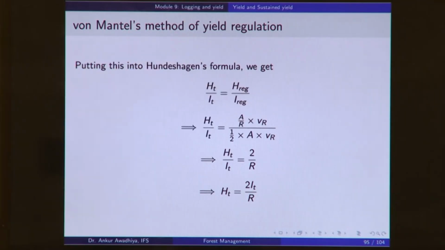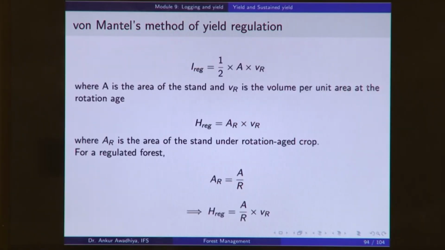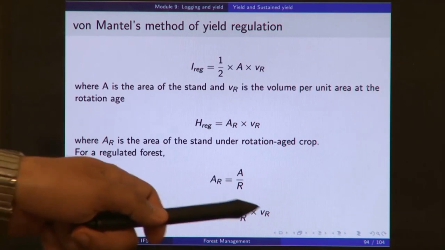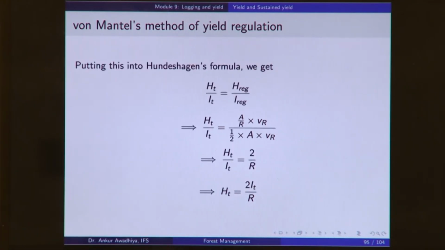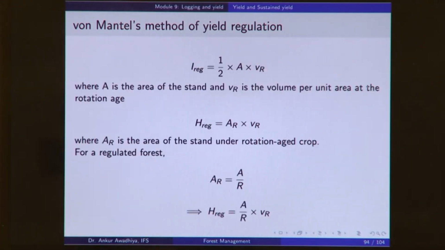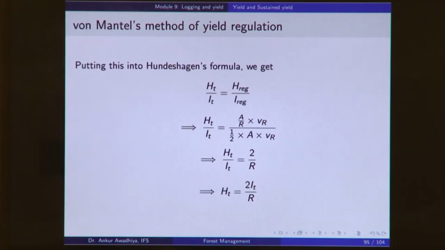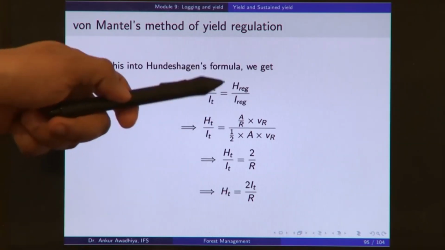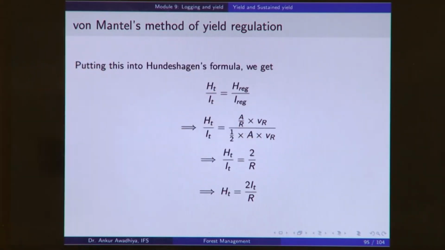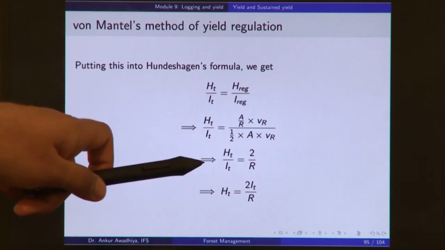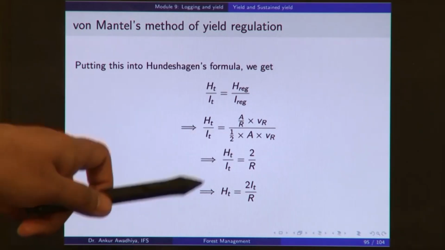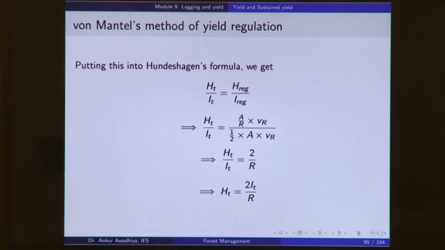Now, H of the ideal forest is what we saw here, A by R into VR. So, we put it here, A by R into VR. I of a regulated forest is given by half of A into VR. So, we put that here, half of A into VR. Now, A and A get cancelled, VR and VR get cancelled. So, this comes to be 2 by R. So, H by I is equal to 2 by R, or H is given by 2 into I by R.